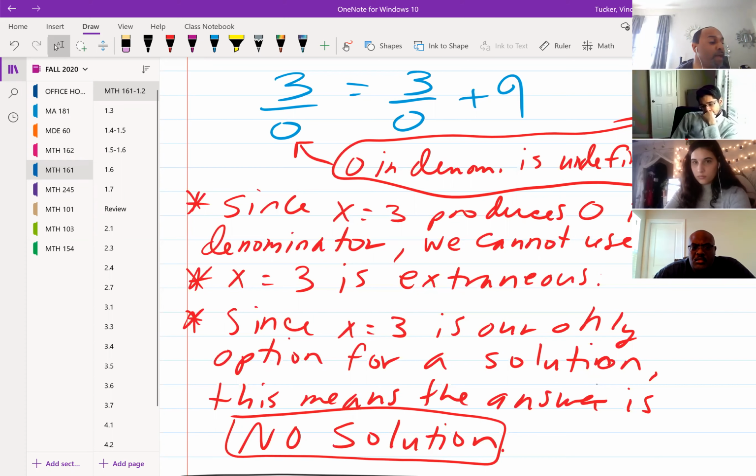Let's say if we had two solutions, x equal to 5 and x equal to 3, and found out that x equal to 3 was extraneous, I can still use x equal to 5. But in this case, I didn't have another solution other than x equal to 3. Since I cannot use x equal to 3, the answer is no solution.